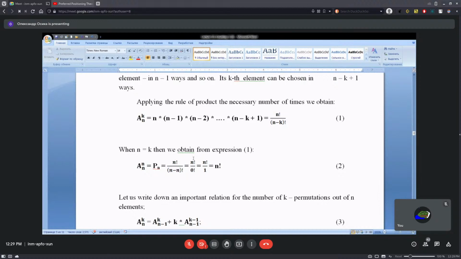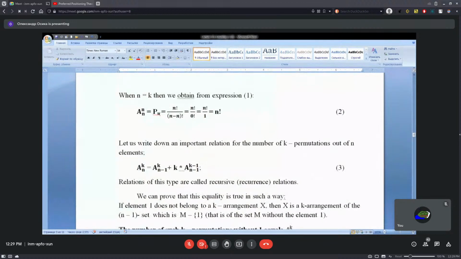Here, n factorial over n minus n, which is 0, 0 factorial. Well, this we agreed to treat as 1. That's why the total number of such arrangements is n factorial.